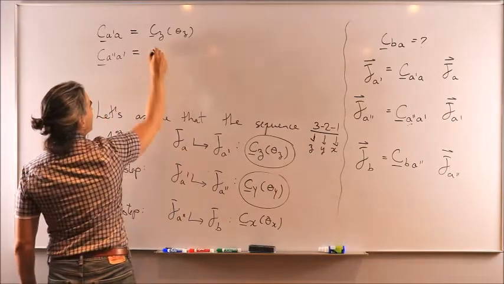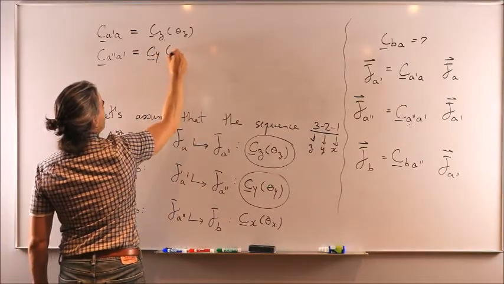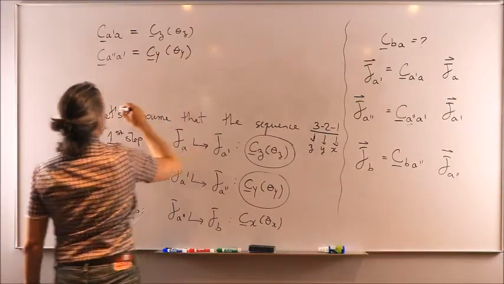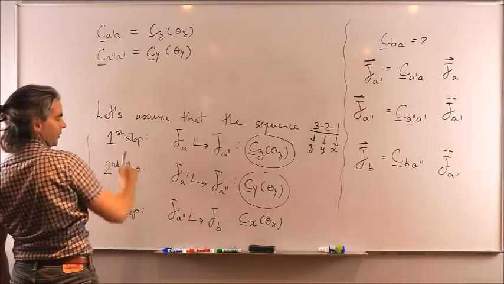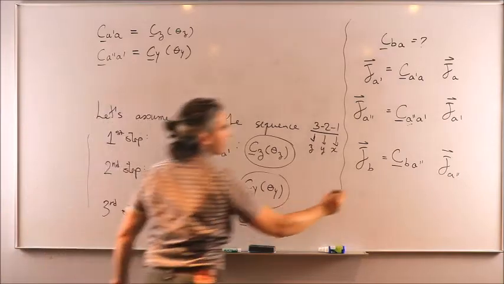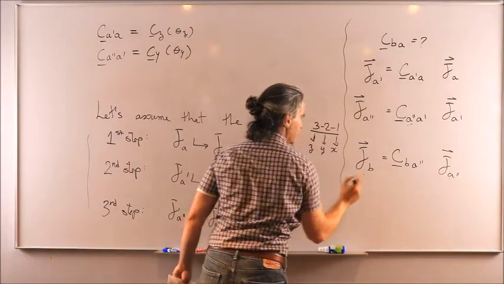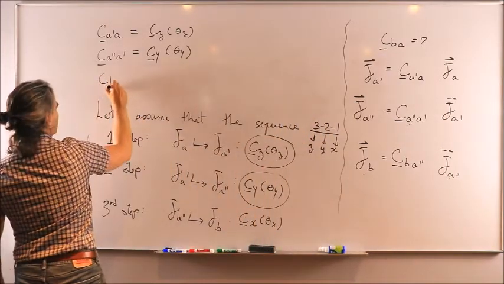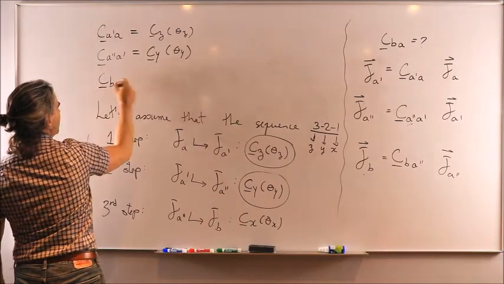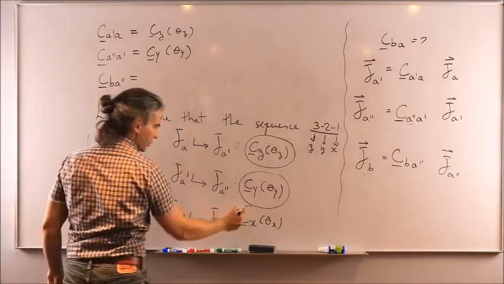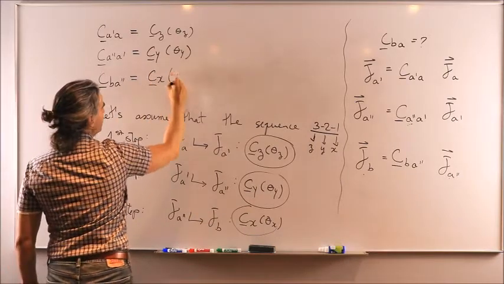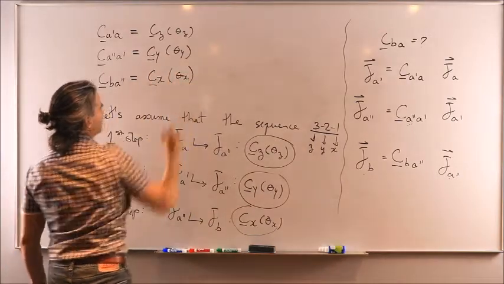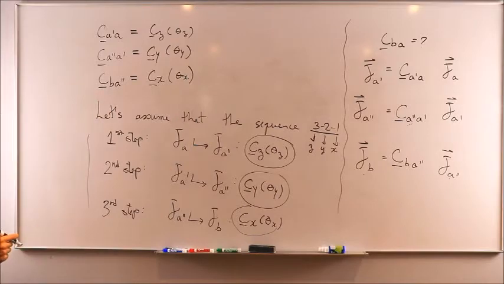So that was CY, theta Y. And the last of the sequence was going from A double prime to B, through CB A double prime. And we said that according to the sequence, that was our CX theta X. Okay.